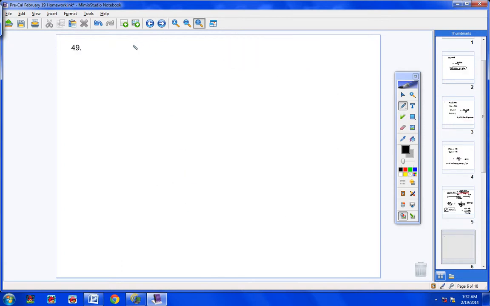Okay? All right, number 49 reads as follows. One way to estimate the ideal minimum weight of a woman in pounds is to multiply her height in inches by 4 and subtract 130. Let W equal the ideal minimum weight and H equals the height. Okay, so let's go over this again.